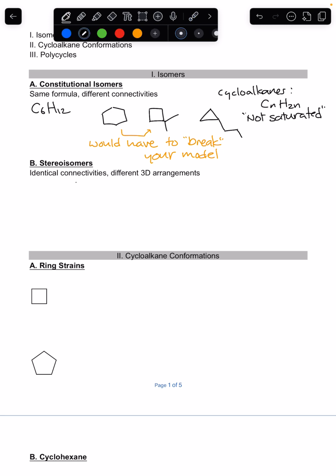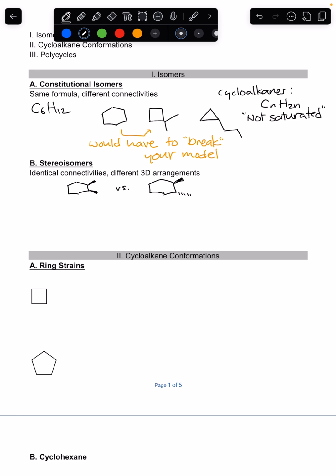As an example, you might have this cyclohexane with 2 methyl groups pointing up, but if you compare that to this cyclohexane where one methyl group is up but the other is down, those would be examples of stereoisomers.